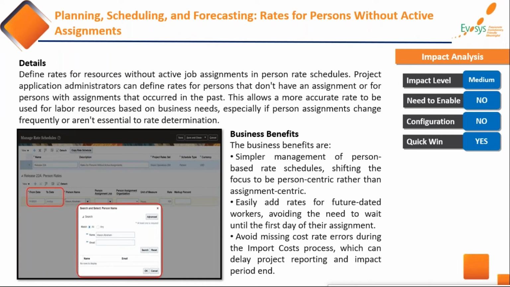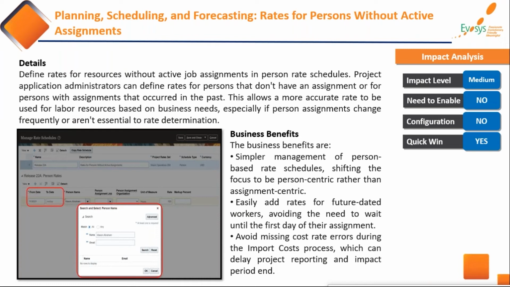But now, to avoid such disruption, you can define the person rate schedule even if the person assignment does not exist. So you can define their rate schedule, then you can plan them. Previously, many times it happened that for a new worker you couldn't add the rate as the assignment did not exist.